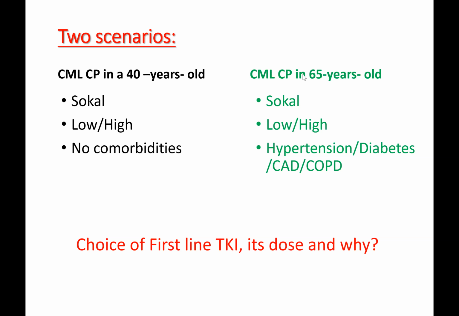For intermediate and high risk, I will prefer second generation TKIs based on the comorbidities, as my previous esteemed panelists have elaborated: diabetes, hypertension, coronary artery disease, or GI issues. If cardiopulmonary toxicity is already a comorbidity, then bosutinib, or else low dose dasatinib or nilotinib based on the comorbidity pattern.